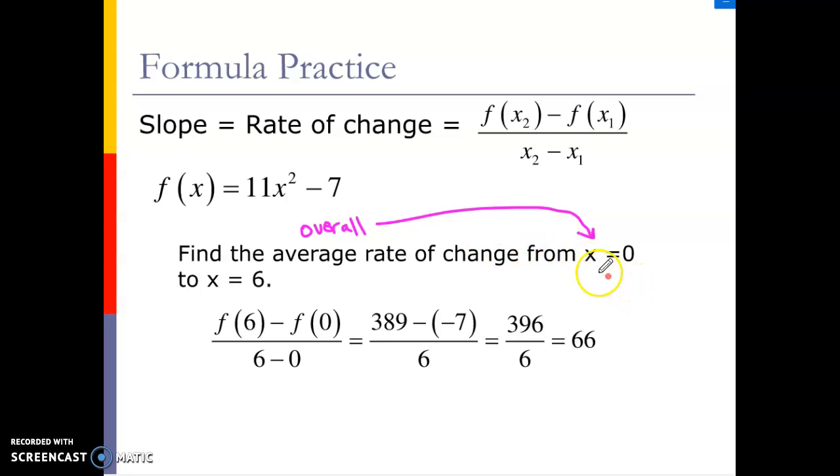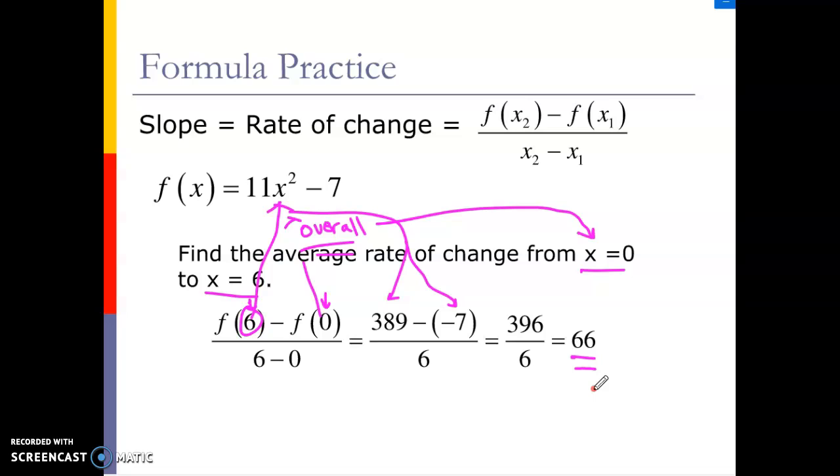That's why I'm now saying x equals 0 to x equals 6, because that's what we do for an overall average rate of change. There's my starting x value, and here's my ending x value, 6. Take each of those x values, go to the function, plug them in, calculate, and bring the results down here. Then do our calculations, and I get 396 over 6, which reduces to 66, and there's my slope.